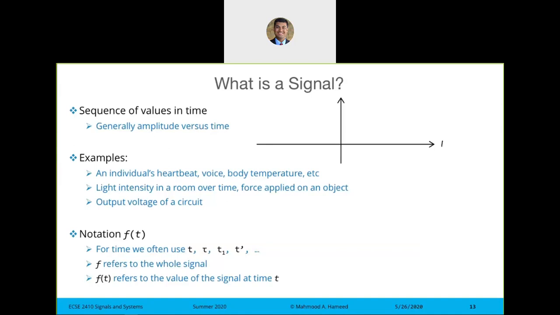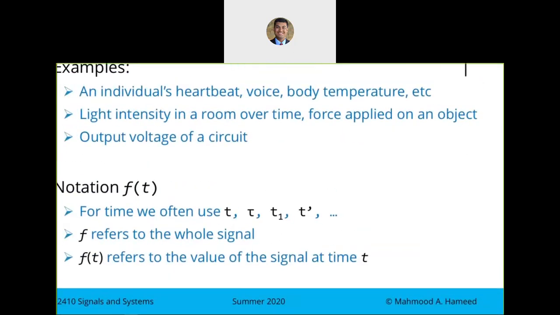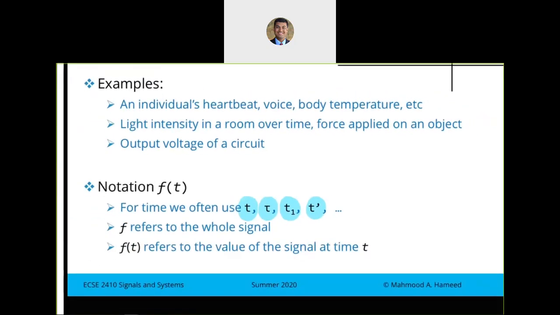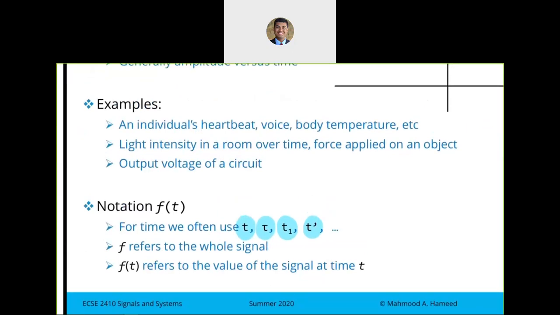I will say time, or simply t, or I could use tau. If I have multiple times that I need to monitor, I could use t1, t2, t3, and so on, or t prime. So all those are notations for time variable.